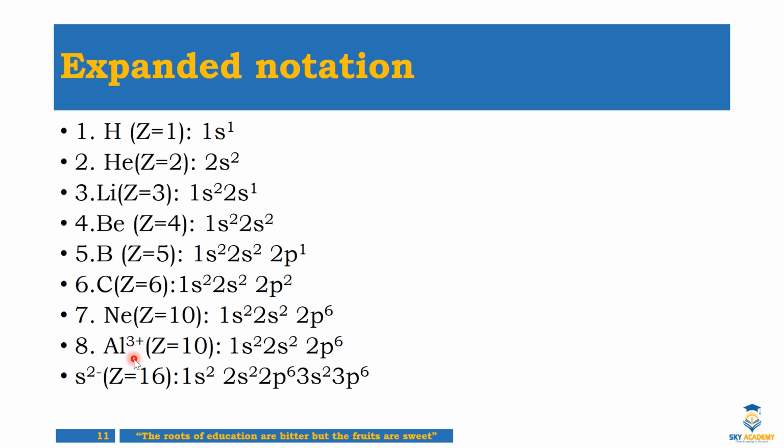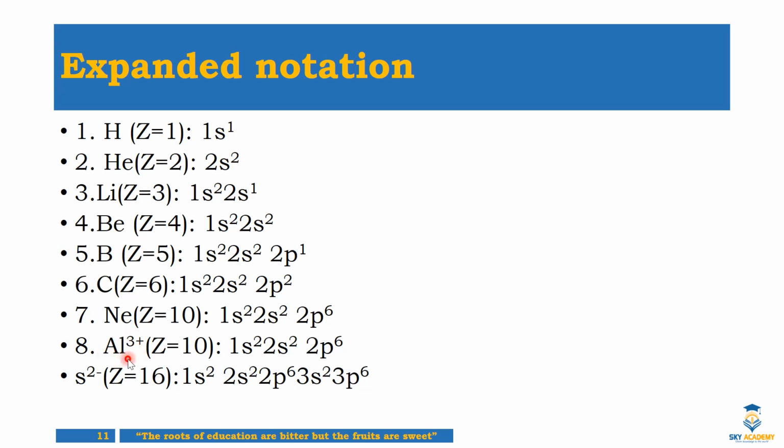But this aluminium is a 3 plus. If it is a 3 plus, aluminium has been ionized. When it is ionized, electrons are going to be affected. So if it has a 3 plus, it means the aluminium has lost 3 electrons.